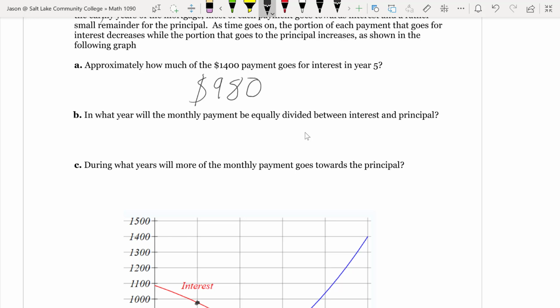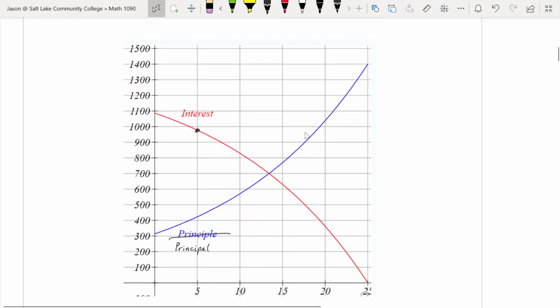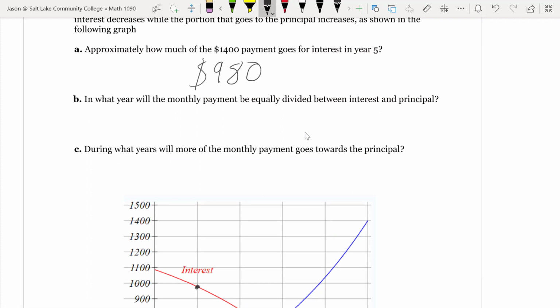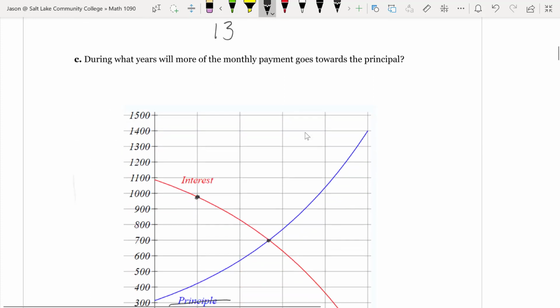Part B, in what year will the monthly payment be equally divided between interest and principal? Oh, that's this point right here. And that looks to be about year 13. So, year 13. Part C, during what years will more of the monthly payment go towards the principal?